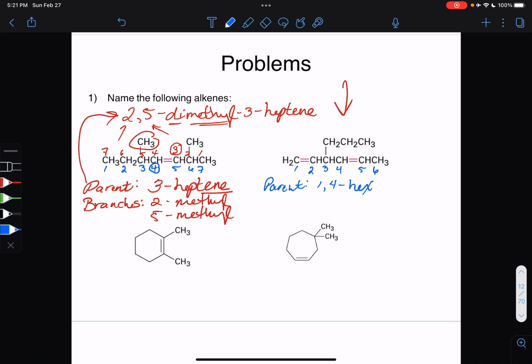And IUPAC says if you have a Greek prefix, then you need to throw an A in there to make it easier to say. So we have hexadiene, okay? So we have 2 double bonds. Where are they? They are on carbons 1 and 4. So they're between carbons 1 and 2 and 4 and 5.